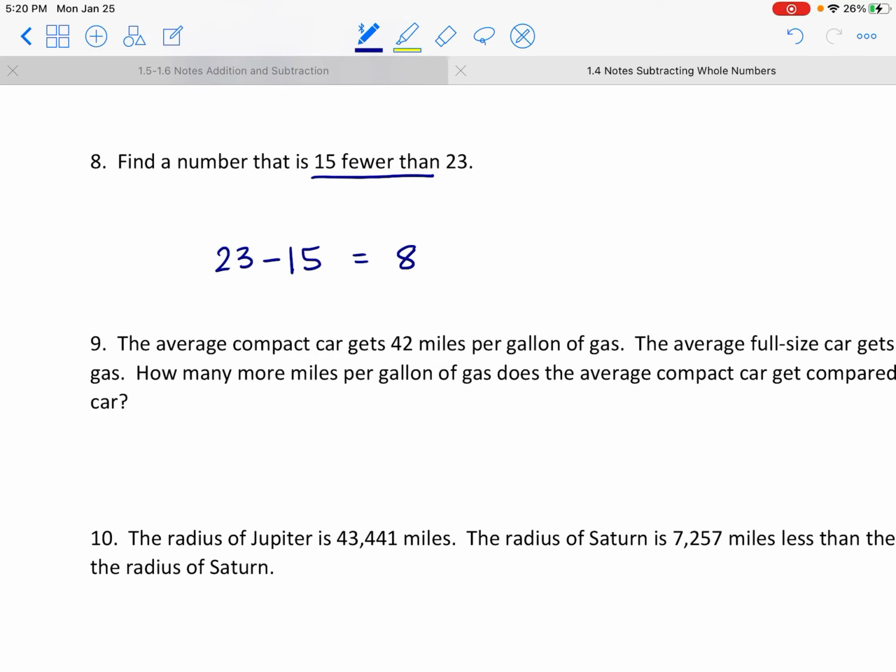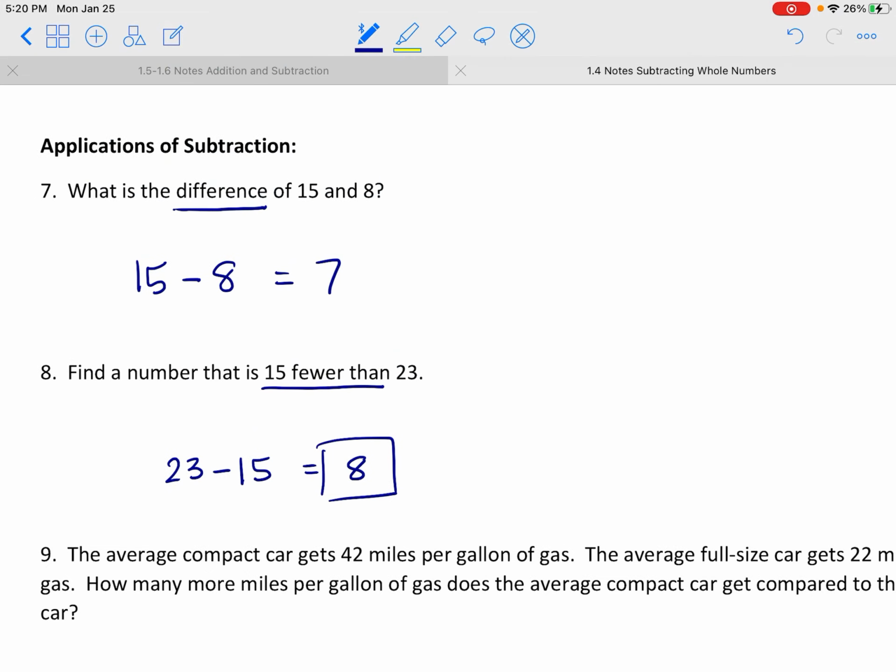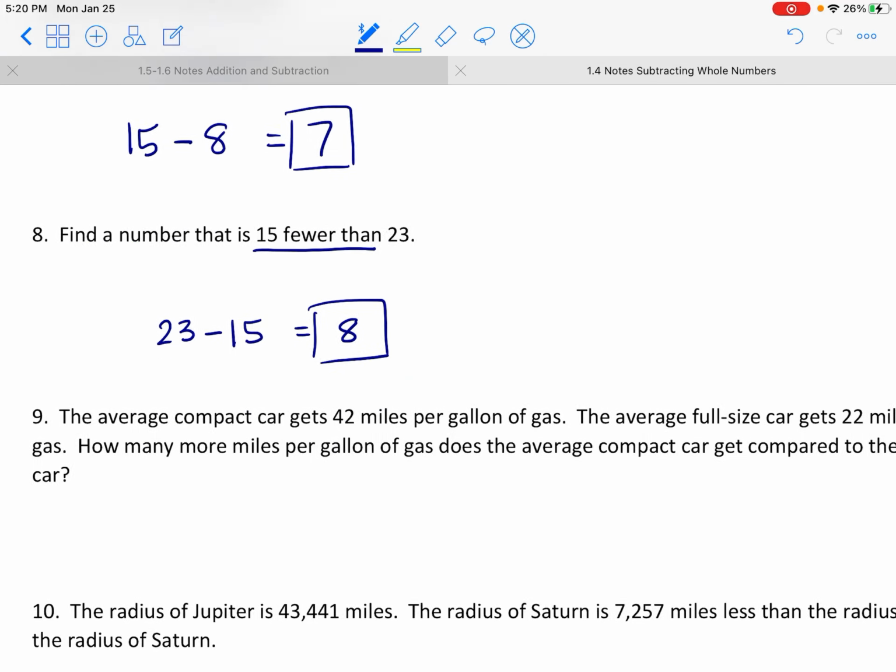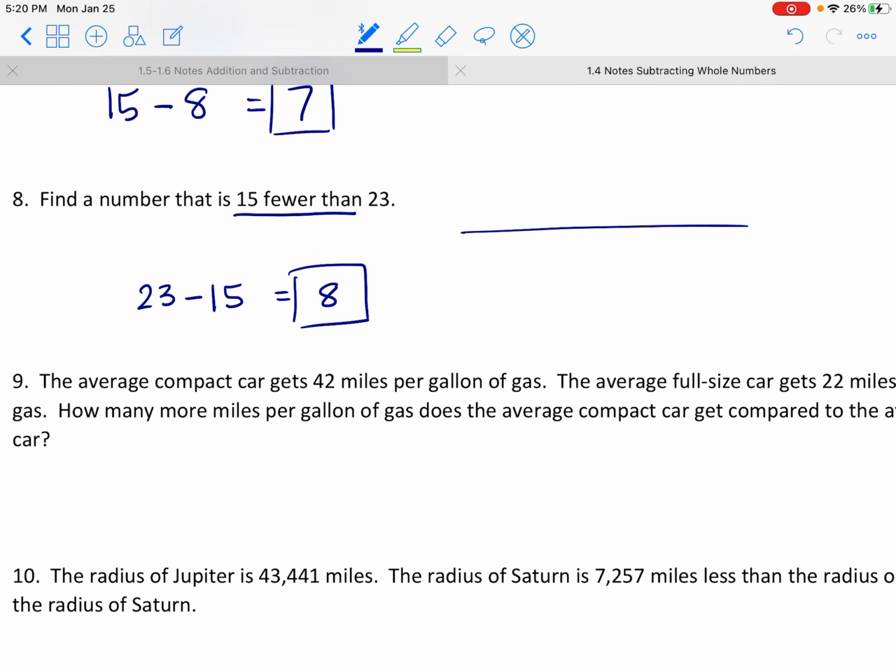So 15 fewer than 23 is 8. Again, I'm going to think about your number line. So if you're at 23 and you want it to be 15 fewer, 1, 2, 3, 4, 5, 6, 7, 8, 9, 10, 11, 12, 13, 14, 15, you would land at 8. Okay? That's what that's saying.